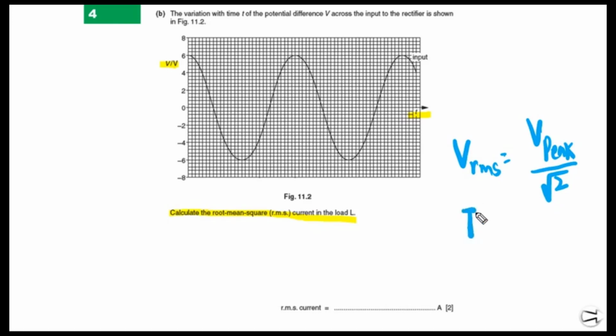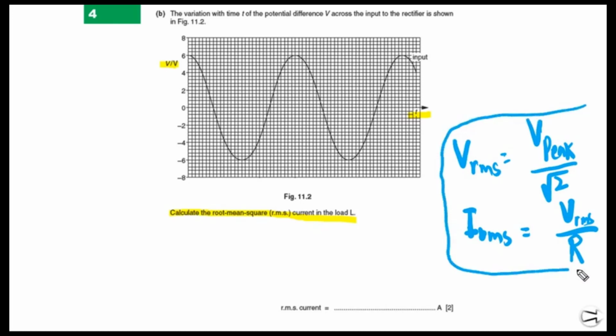When we have V_RMS, we can find I_RMS, which is equal to V_RMS divided by the resistance. So these are the main steps we need. Remaining is just plugging in values.